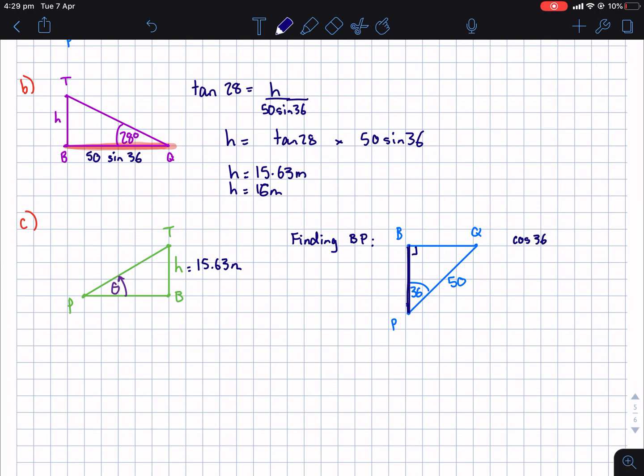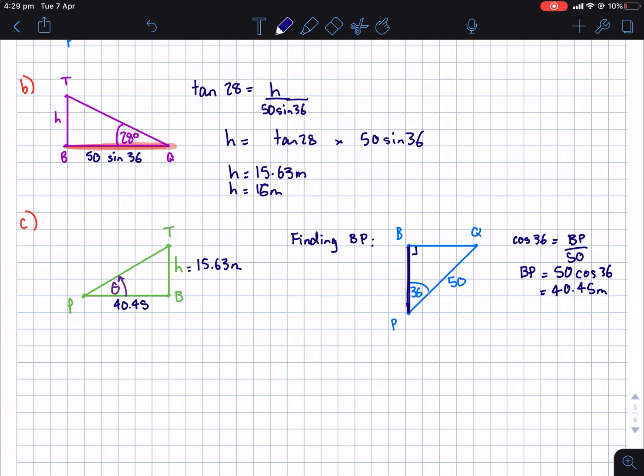Cos 36 equals BP over 50. So BP equals 50 cos 36, which is 40.45 meters, which means this is 40.45.